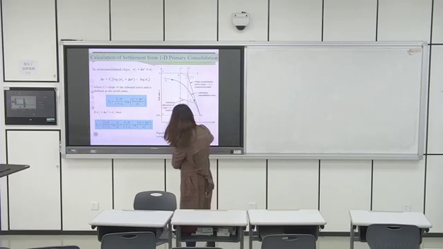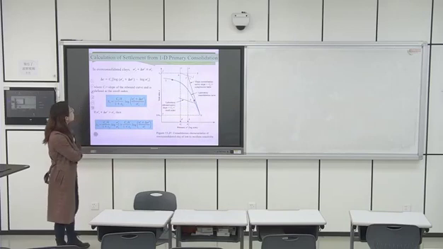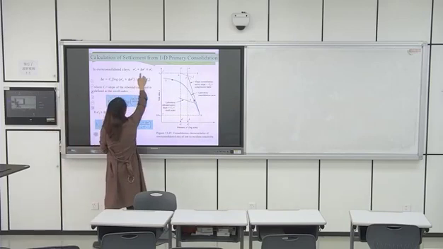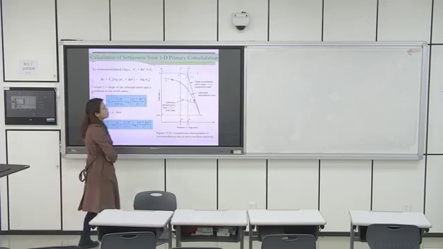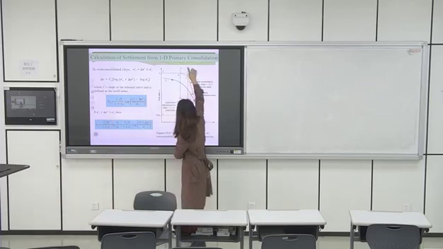So let's see, if this happens, how to calculate the settlement? In over-consolidated clay, let's say that sigma naught dash plus delta sigma dash is smaller than sigma c dash.